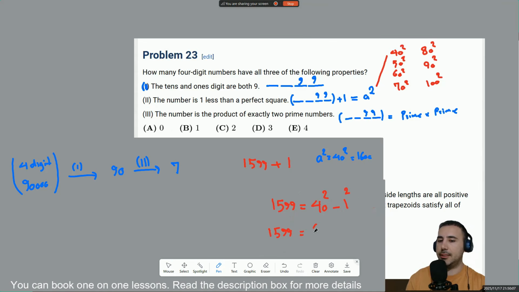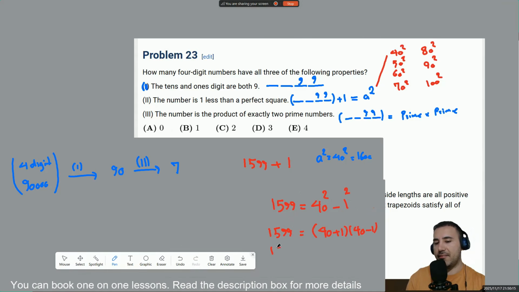I could write it like this: 40 plus 1 times 40 minus 1. So that means 1599 is equal to 41 times 39. Is this prime times prime? This is a prime. Is 39 a prime? No, 39 is divisible by 3 and 13. So no.